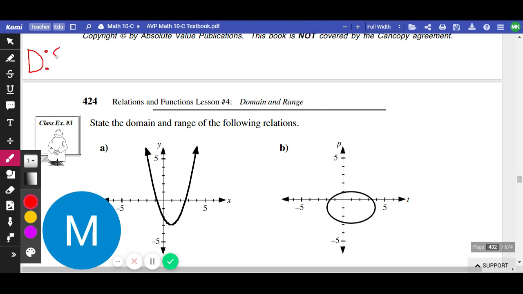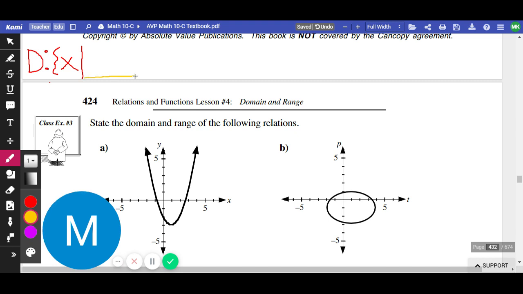So the general format is D, colon, curly bracket. Starts the same way. Domain is. Then you put an x and a big line, a bar. That's what they call it. That bar means such that. So domain is x values such that, and then you have two blanks.